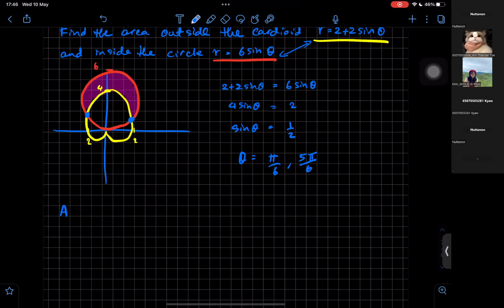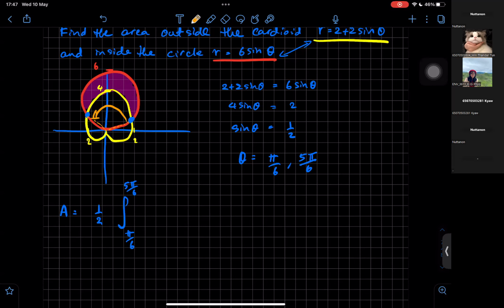So the area will be 1/2 integral from pi over 6 to 5 pi over 6, because here is pi over 6, here is 5 pi over 6. We want to integrate from here to here.